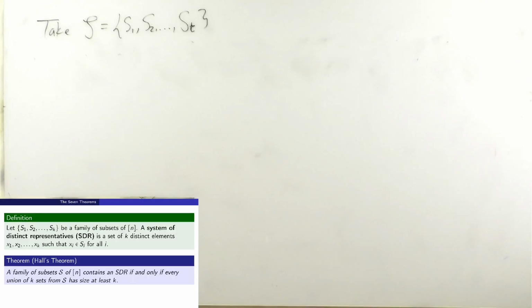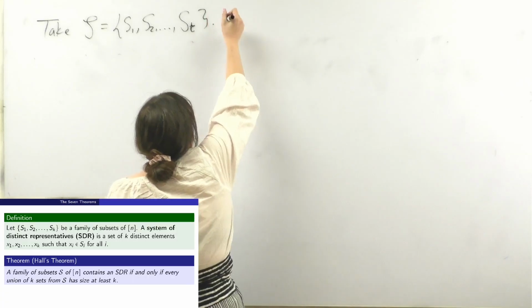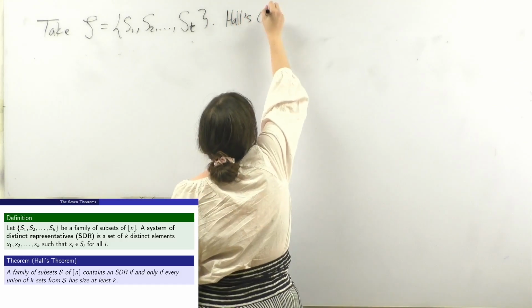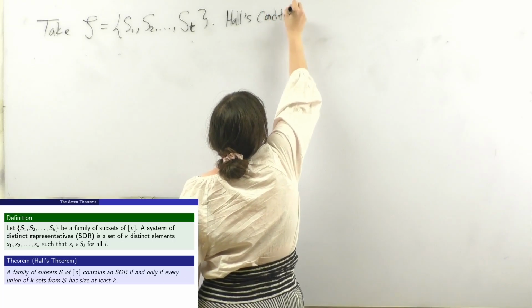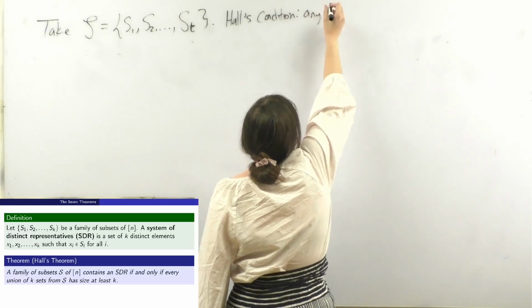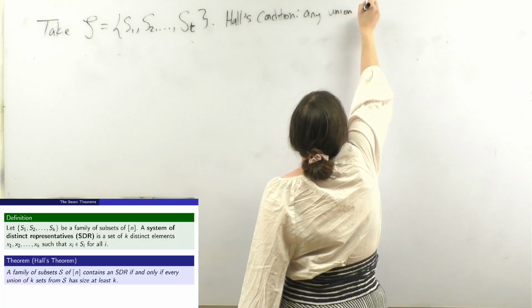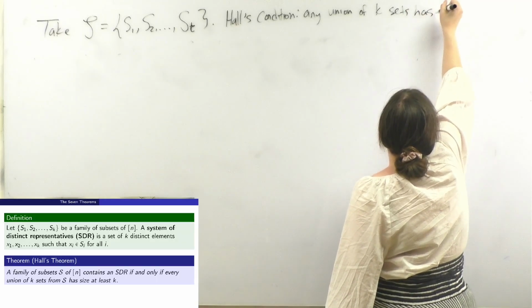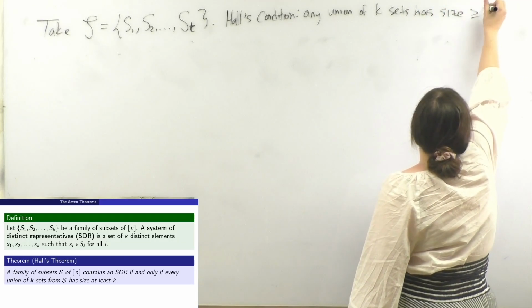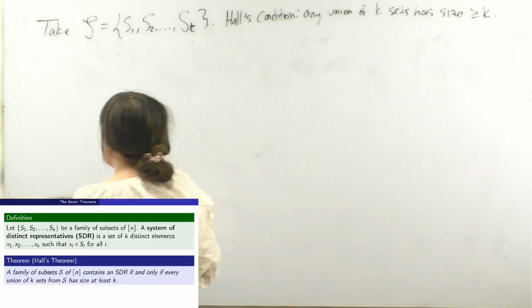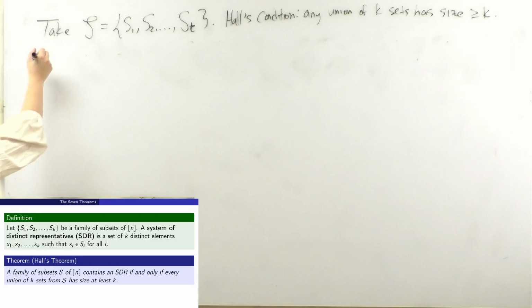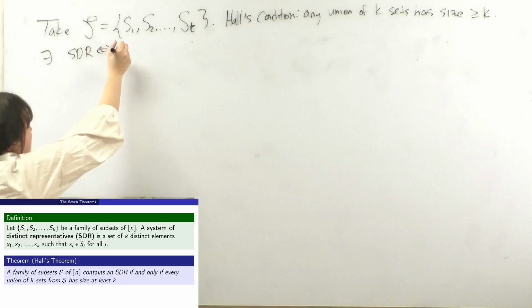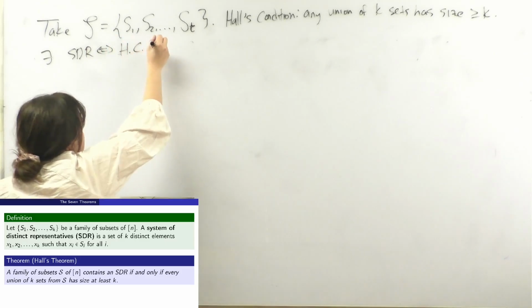And I want to look at this Hall's condition, which says any union of k sets has size greater than or equal to k. And I want to say there exists an SDR if and only if Hall's condition is satisfied.